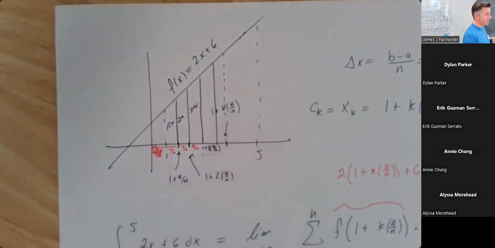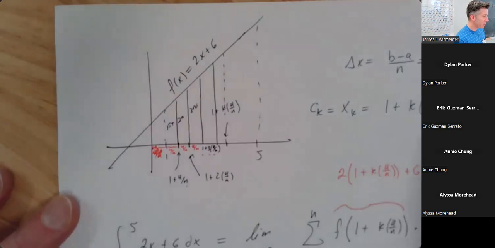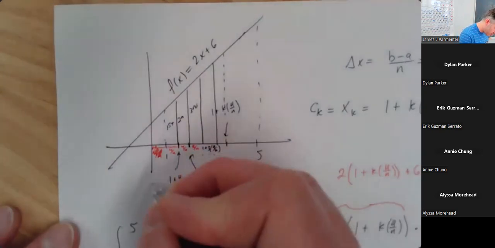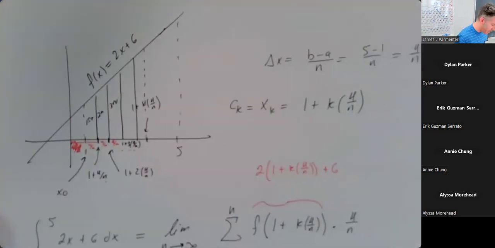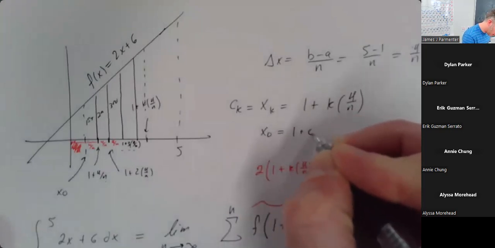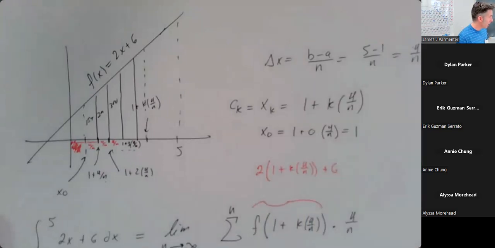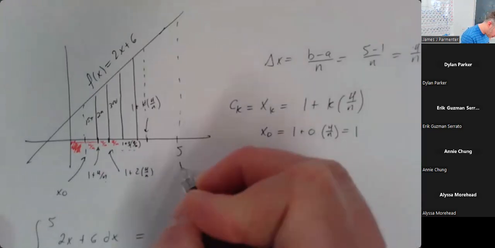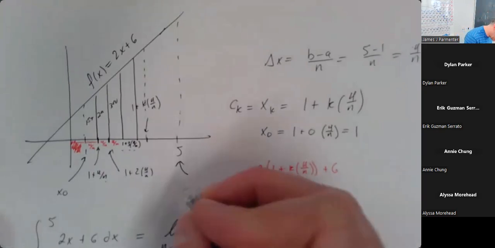One nice thing to see with this is you can check to see if you're right. If you think your formula might be off, give yourself a little check. The left-hand endpoint should be your x sub 0. So if I plug in 0 for k, x sub 0 should equal 1 plus 0 times 4 over n, which is 1. Okay, that checks out. And my right-hand endpoint, which is 5, should be your nth right-hand endpoint.